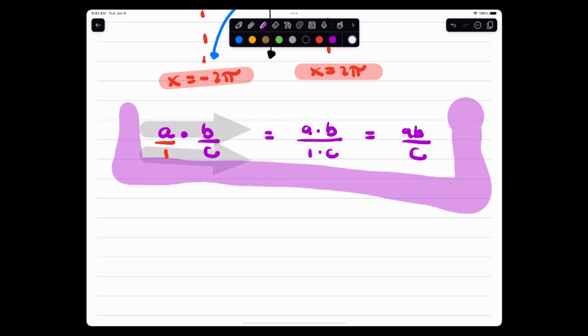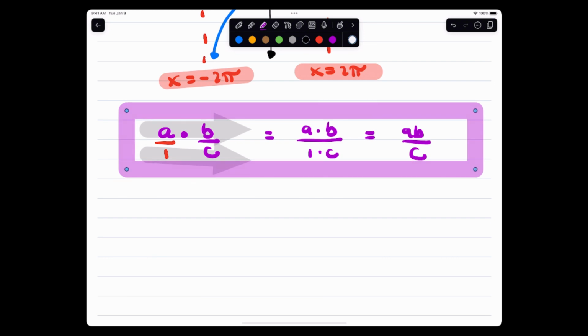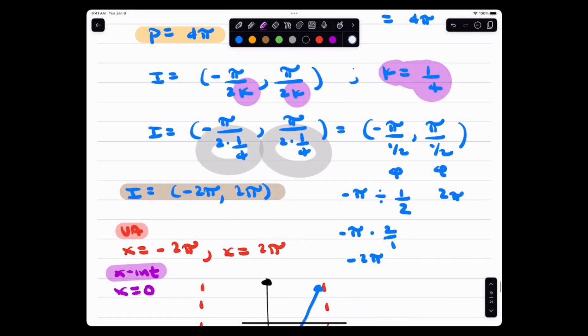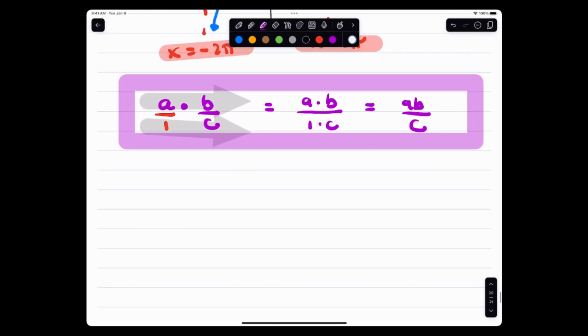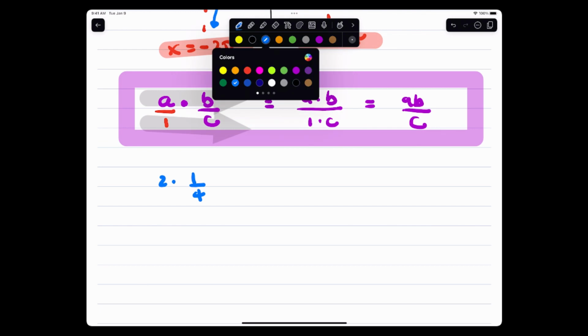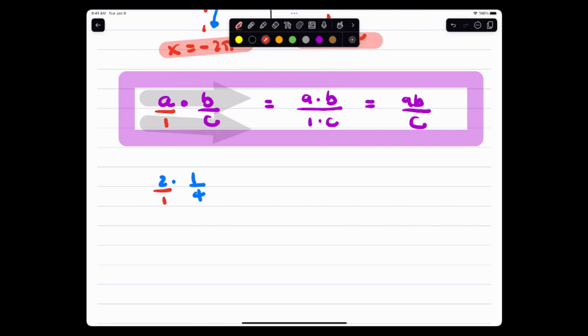So the specific question now for people is this. 2 times 1/4? You say, what is 2 times 1/4 now? Well, 2 divided by 1, okay? Two fractions, is that right? So how do you multiply these things? Do you guys remember?